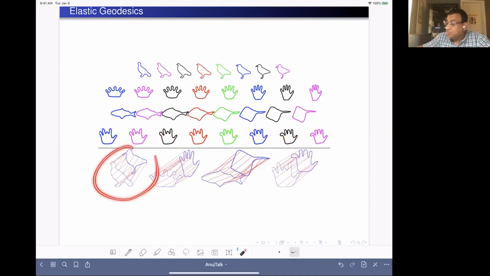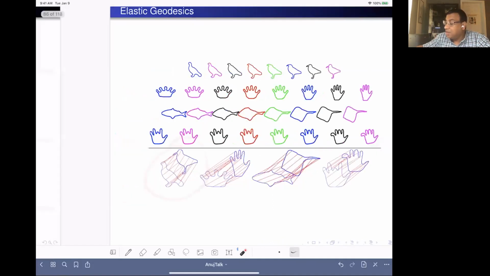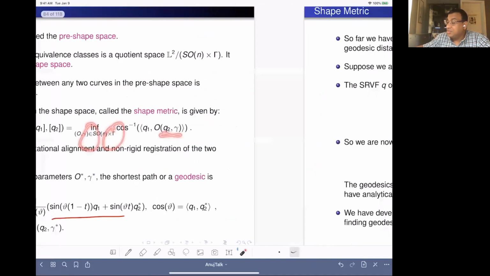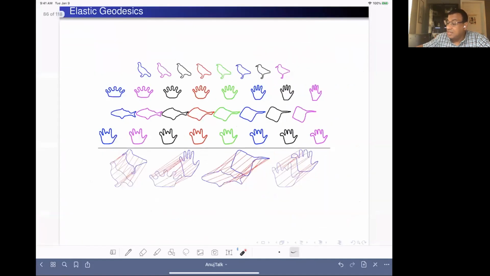In the process, when we solve for the optimal gamma, not just the rotation, but the optimal gamma, we also get this dense registration. It tells us which point on one shape is matching with which point on the other. And you can see these matchings are not linear matchings. Sometimes they spread out, sometimes they stretch based on the need, based on the geometry.